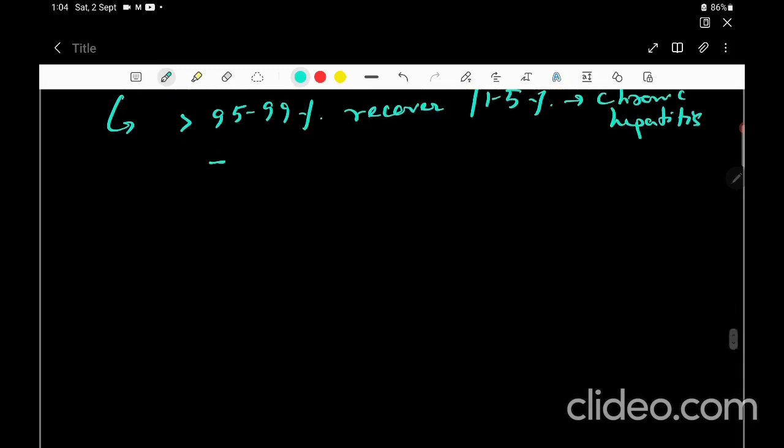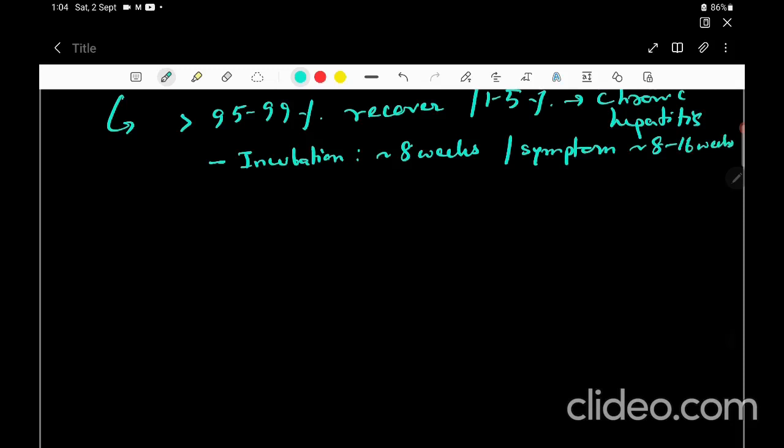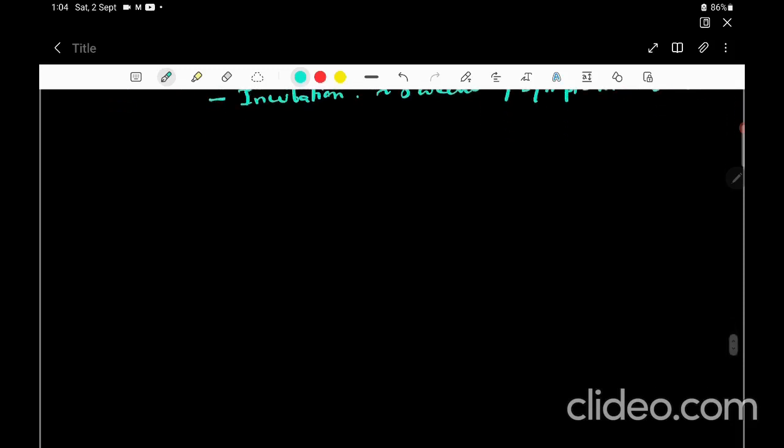The incubation period is around 8 weeks, and symptoms can show up around 8 to 16 weeks. HBsAg can be used as a screening test.